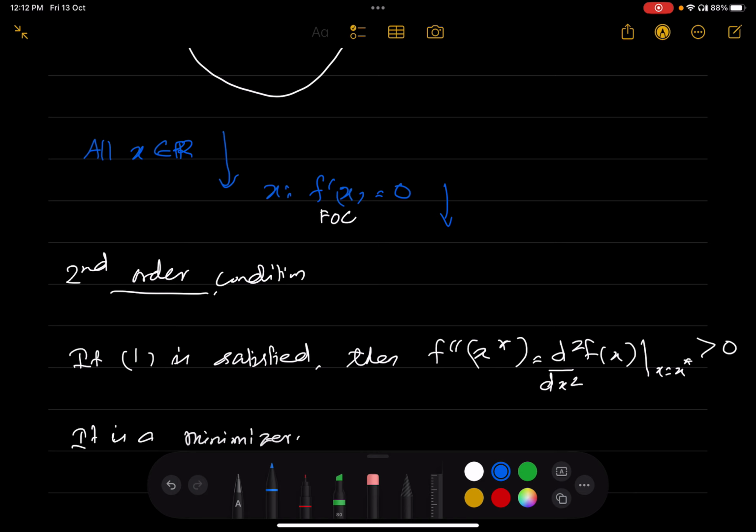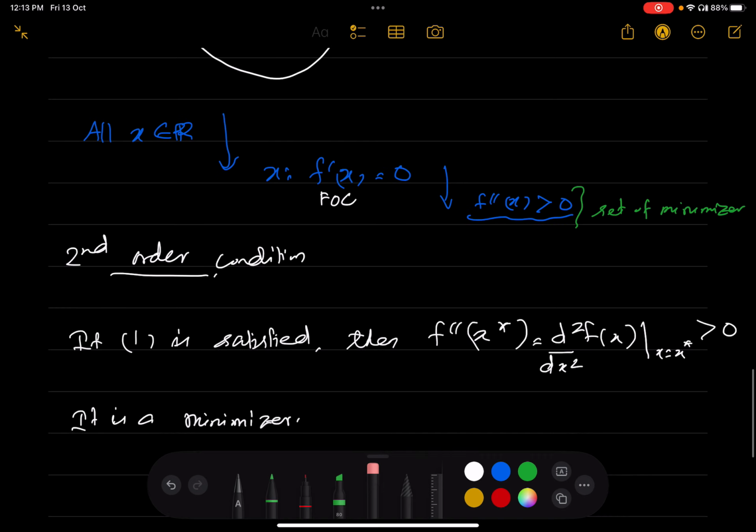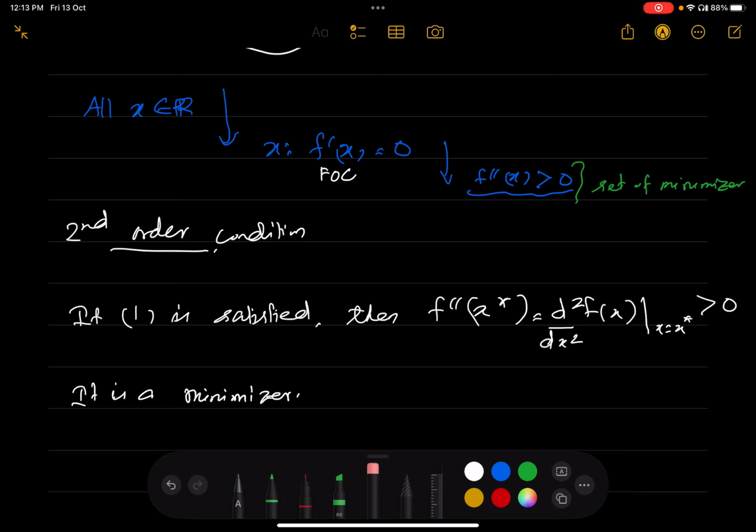Now we are again saying, out of these points, which satisfy the second derivative being greater than 0. Then such points are finally the set of minimizers. It could be a single point, could be multiple points. That is another point of discussion here. So this is the minimizer, and that's how the progress goes to find a minimizer.